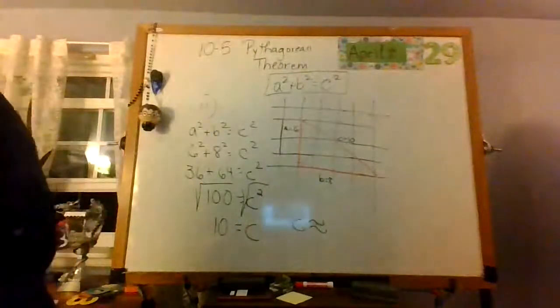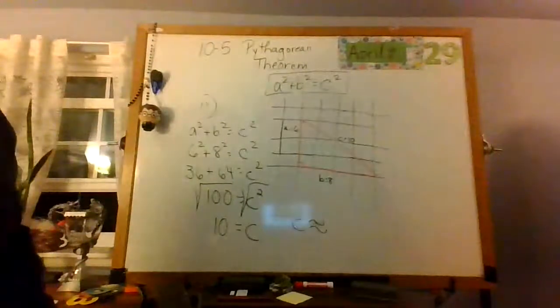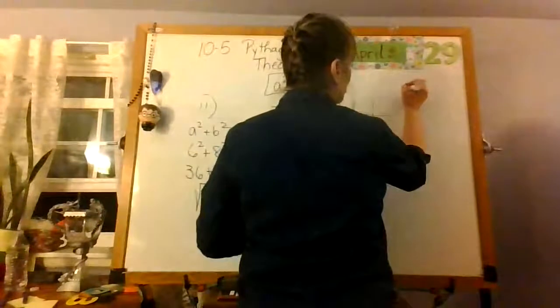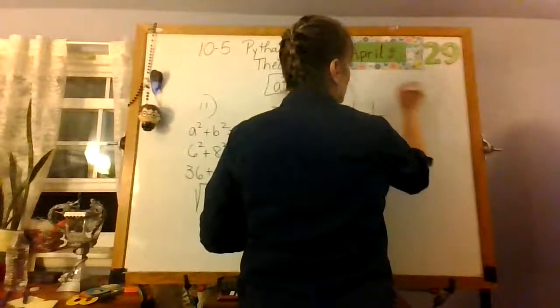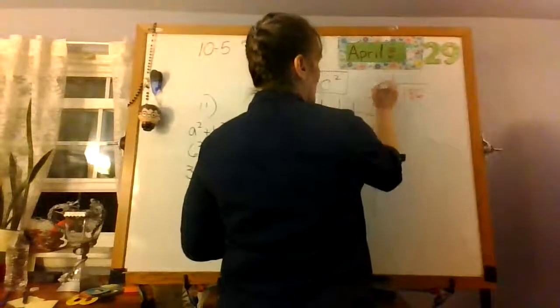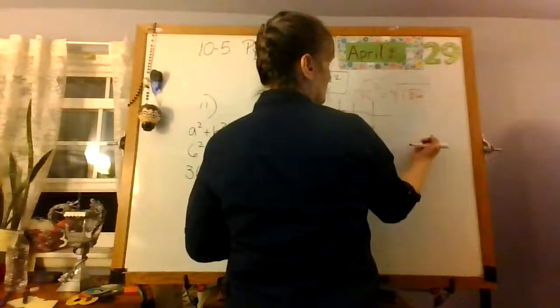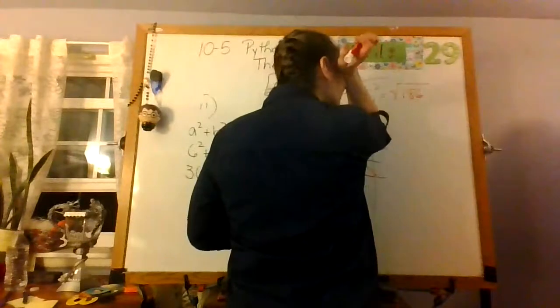So let's say, I'm not going to give you an answer that's on there, but let's say I have c squared equals 186. The square root of c squared is the square root of 186.